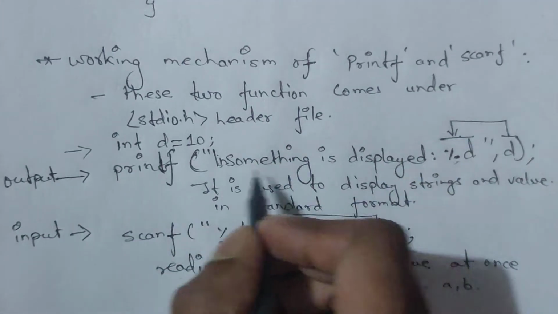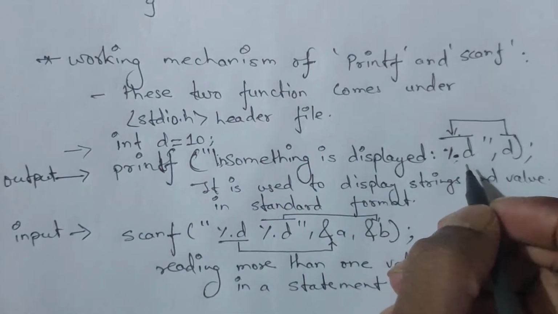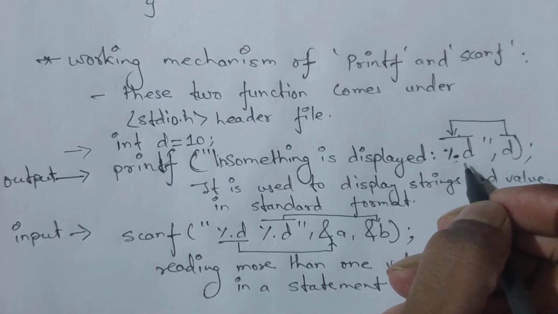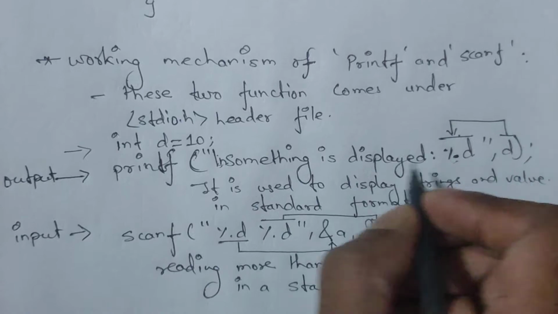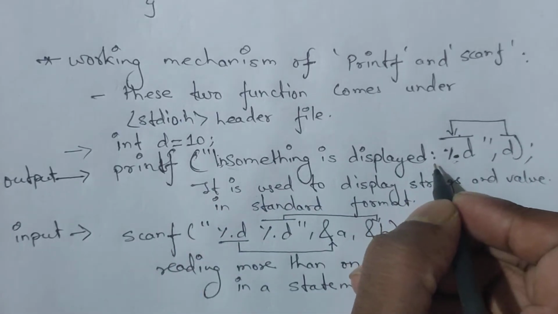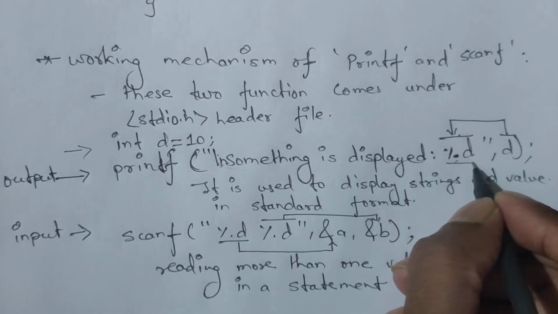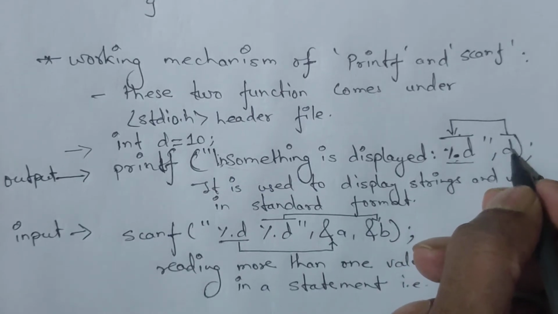Okay. So something is displayed, and %d means the representation of an integer variable. In the last video we told you about that. So it prints this much string, and in the place of %d in the output screen we will get the value of d.